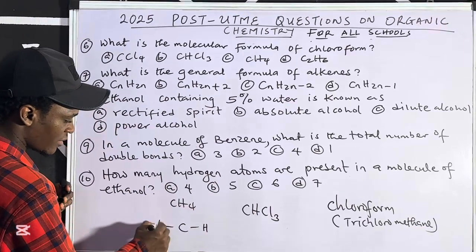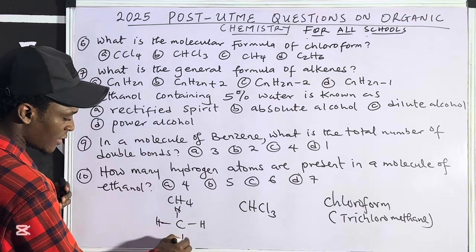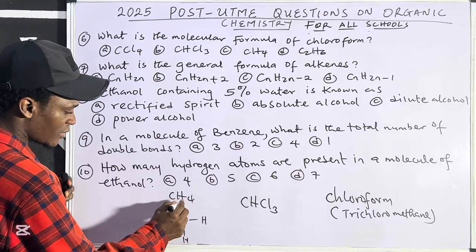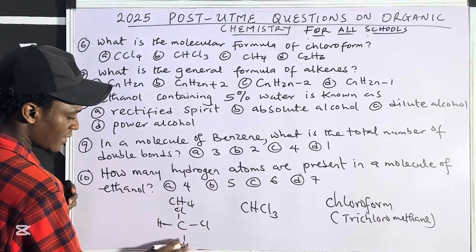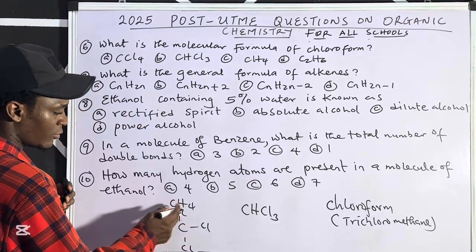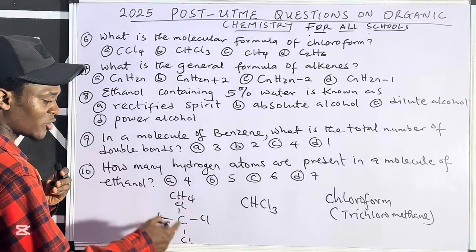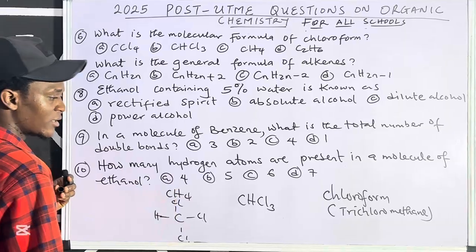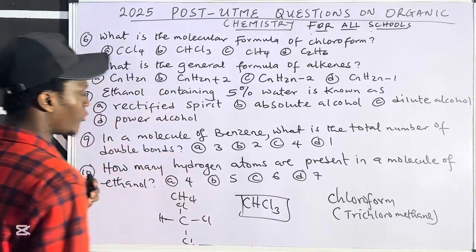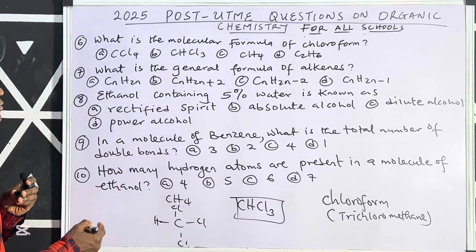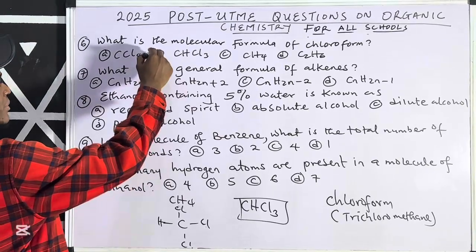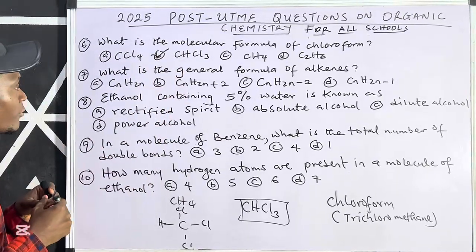The structure is H, H, H, and H. If I replace 3 of these H with Cl, Cl, and Cl, I'm having 3 chlorines, so we call it trichloromethane. So this is the formula of chloroform. Where do you find that in the options? Option B. So that's the formula of chloroform.